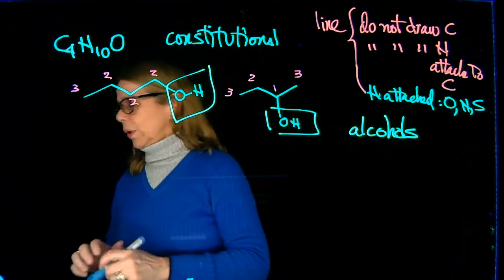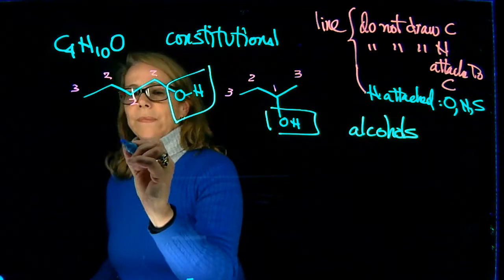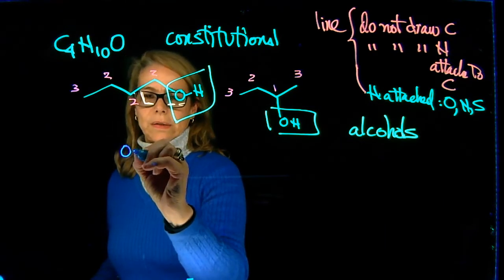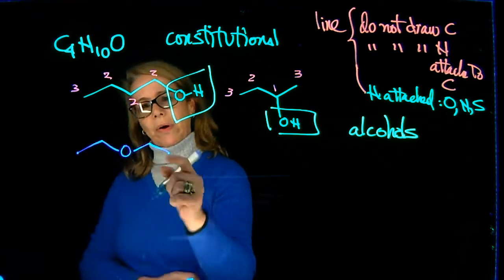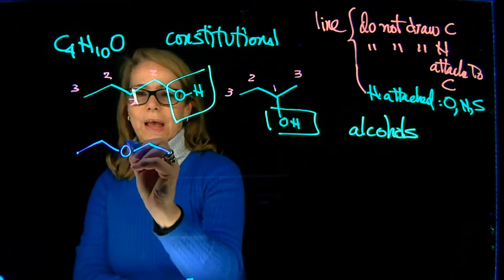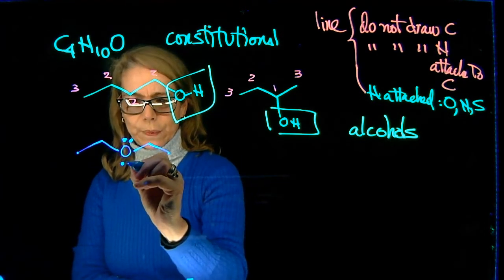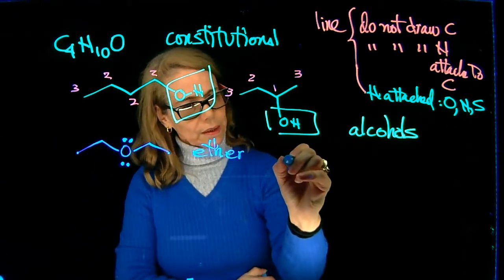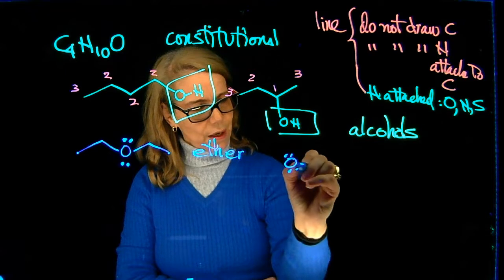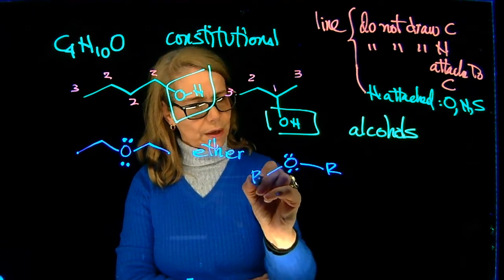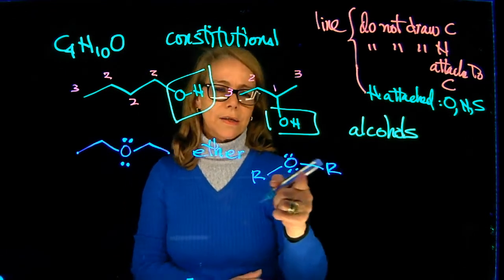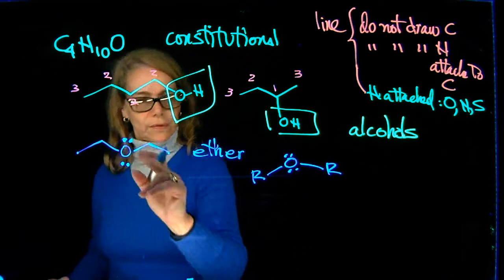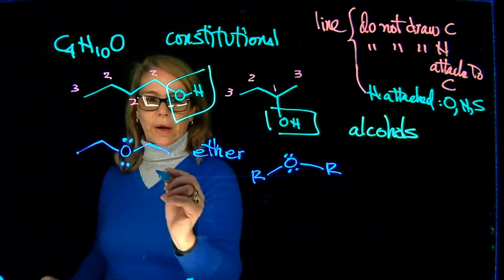Now let's do more combinations of that formula. So we can have my oxygen in the middle, and now I have 2 carbons here, 2 carbons here. That's another functional group, and this is an ether. Anything that has an oxygen between 2 different R groups, for example methyl or ethyl carbon chains, is an ether, and I have 4 carbons.